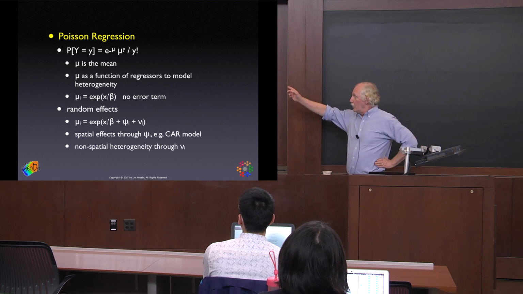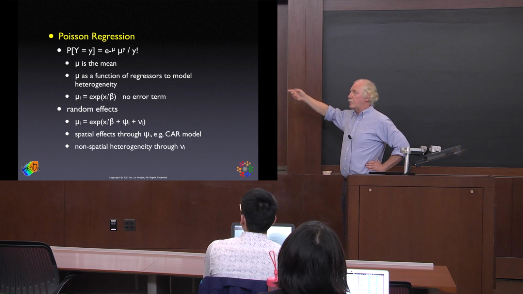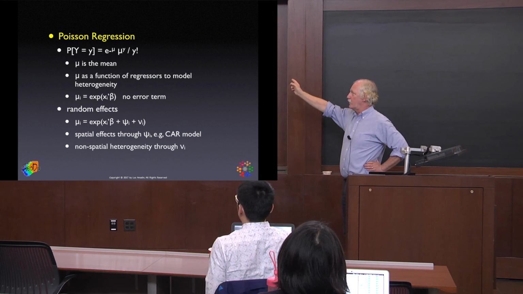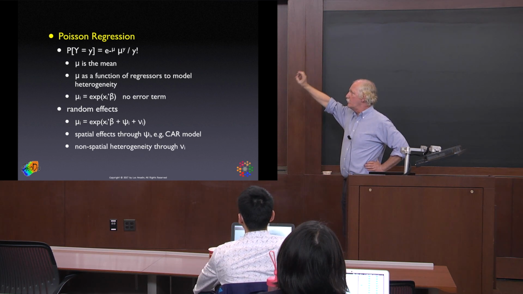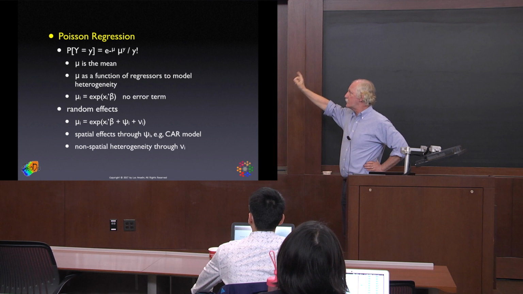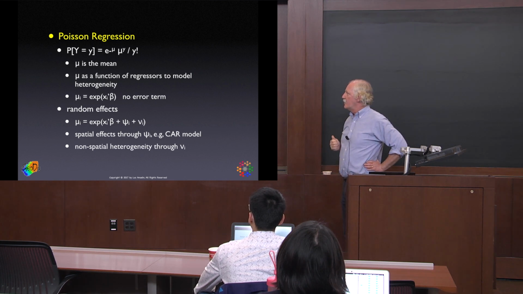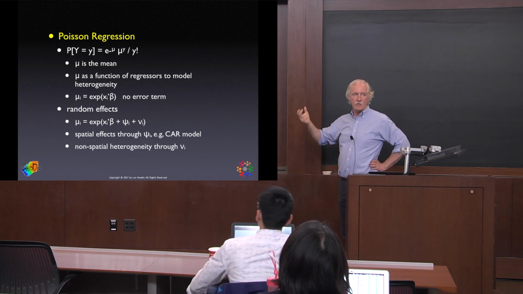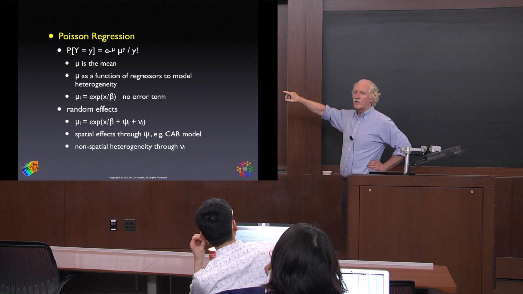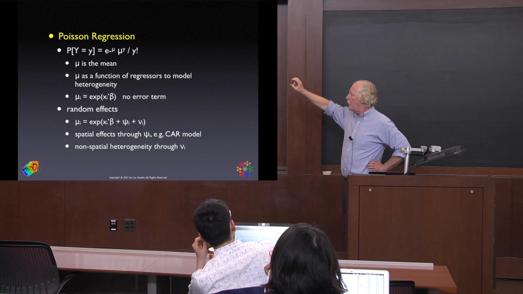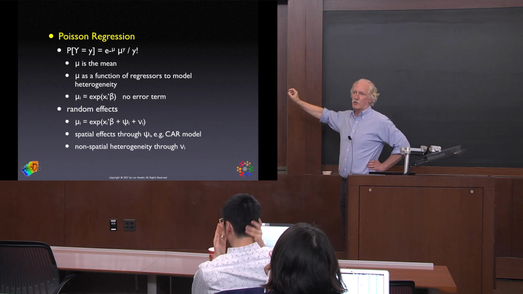So the probability that a variable equals a given number of counts is the Poisson regression: e to the minus mu, mu is the mean, mu to the power y, y is the counts, divided by y factorial, right? And the way this is typically done in econometrics and in statistics, rather than modeling the dependence of the y directly, you make mu a function of some other terms.